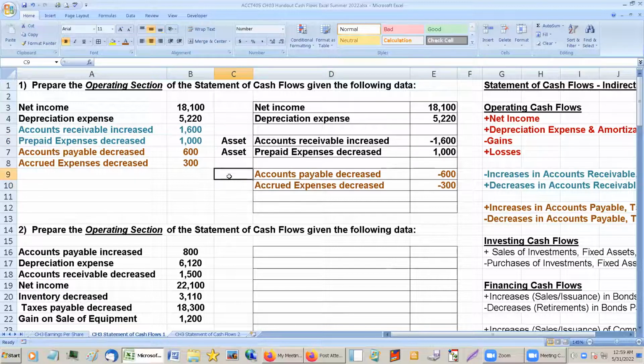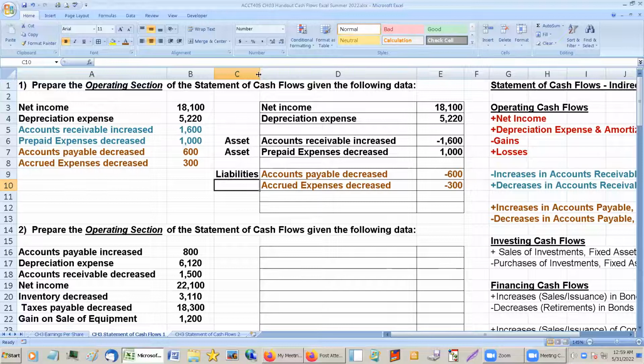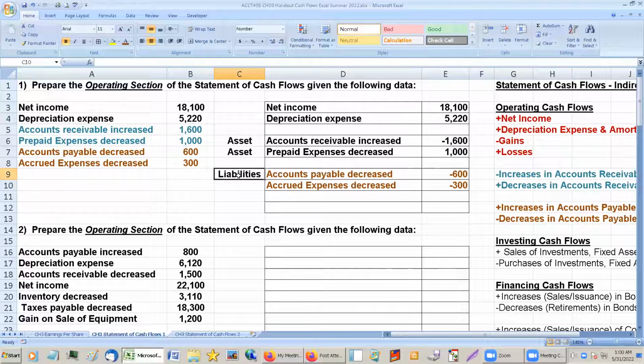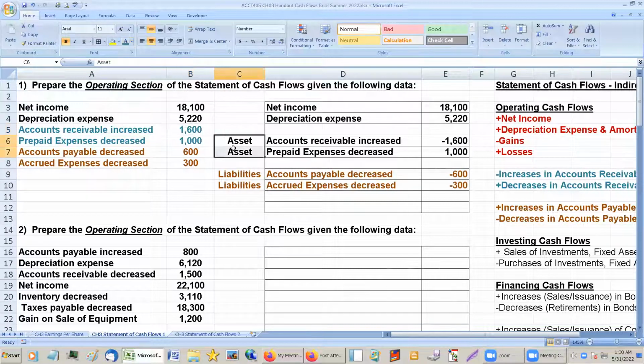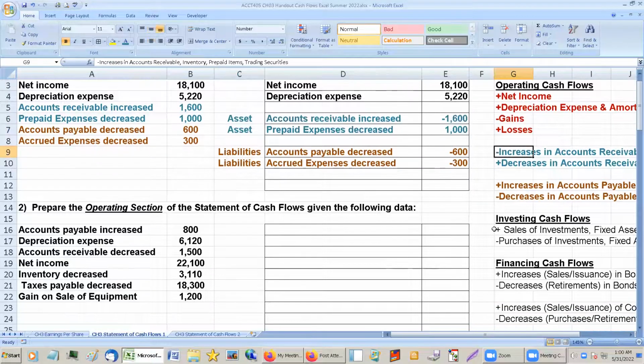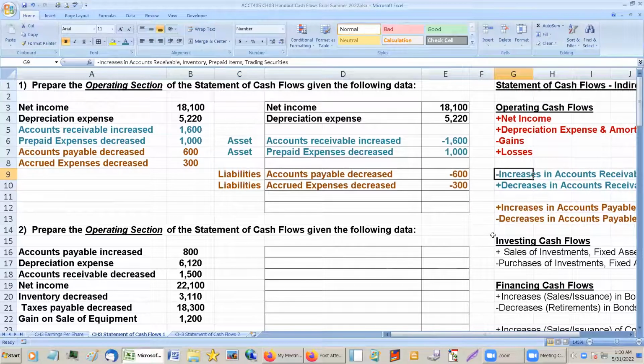So these are liabilities, and they go in the same direction.